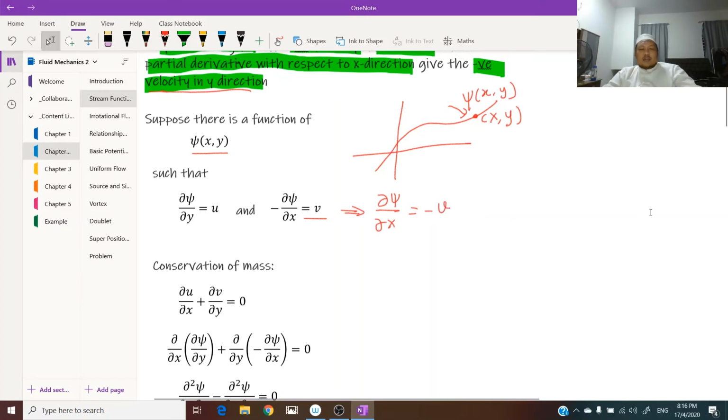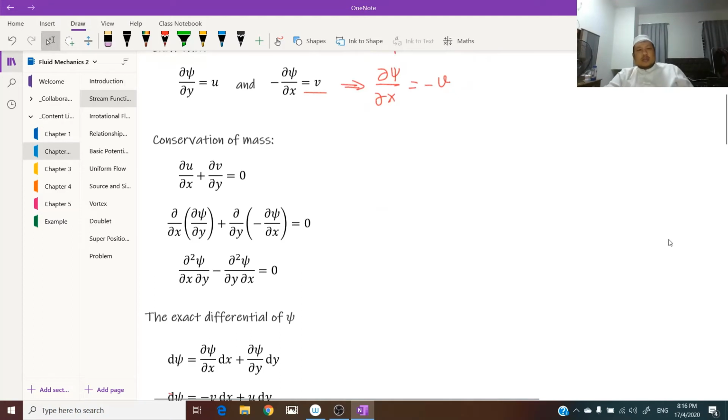All right, the conservation of mass in two-dimensional gives ∂u/∂x + ∂v/∂y = 0. If we substitute the value of u here, we get ∂/∂x of ∂psi/∂y plus ∂/∂y of minus ∂psi/∂x equals 0.